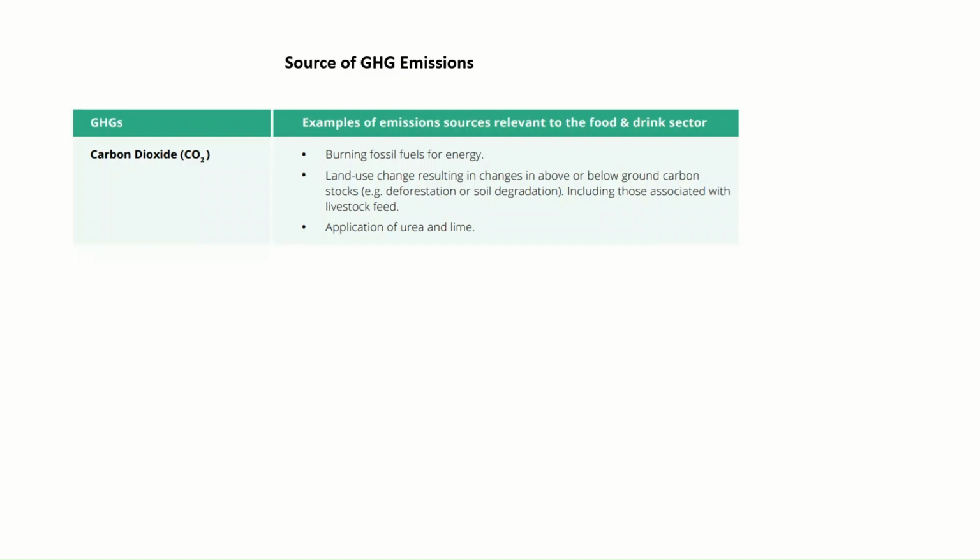When we use urea and lime for farming, they degrade inside the soil and produce a lot of carbon dioxide into nature. So these are the possible sources that produce carbon dioxide into the atmosphere.